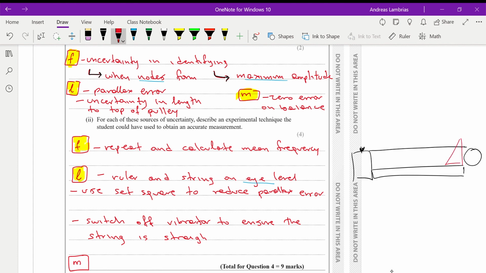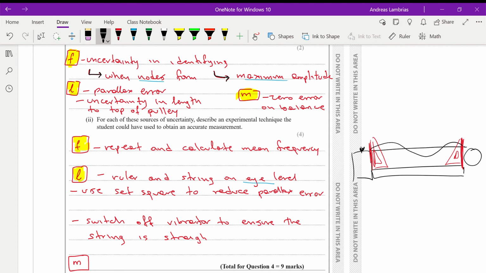Then we use a set square so we can identify that value exactly. The last one for the length: because it's a standing wave, it keeps moving, so it's better if we just switch off the vibration generator, and therefore the string is straight. That will be easier to measure.